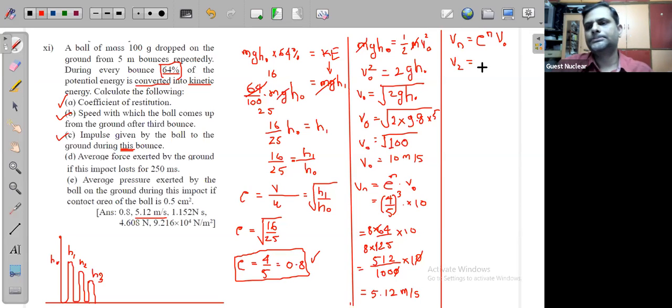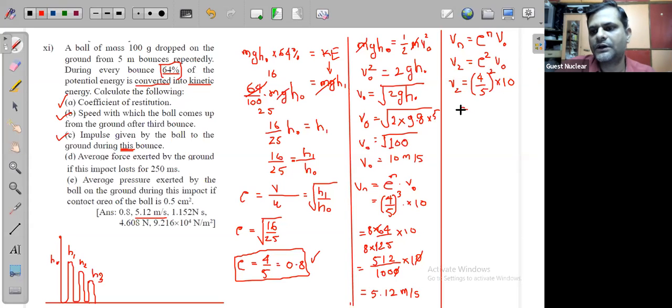Okay, so v2 will be equal to e raised to 2 into v naught, right? We put n equal to 2 here, so v2 will be equal to, the value of e we already know, is 4/5. Okay, so this is 4/5, and we have to square it and multiply it by v naught, and v naught is 10. Okay, so this is 10 here.